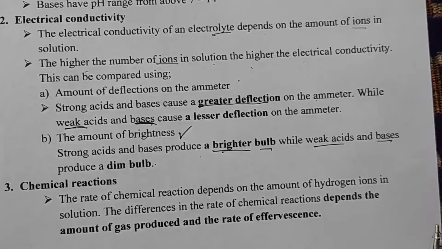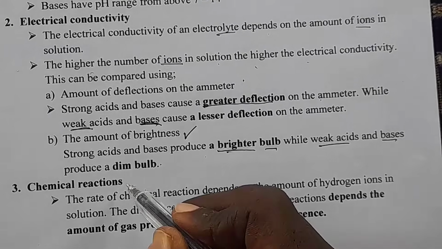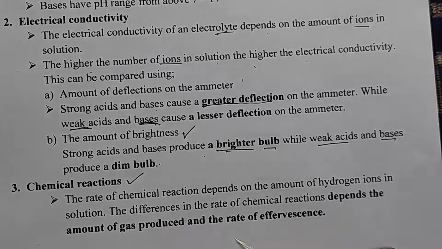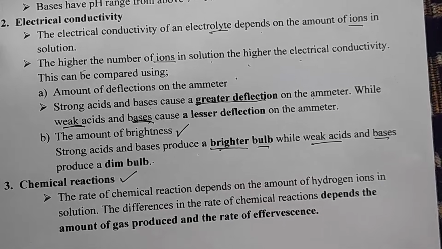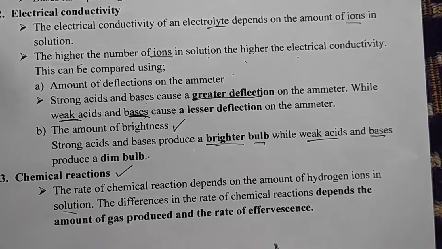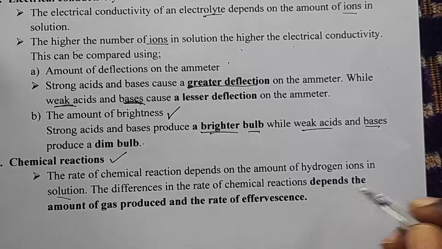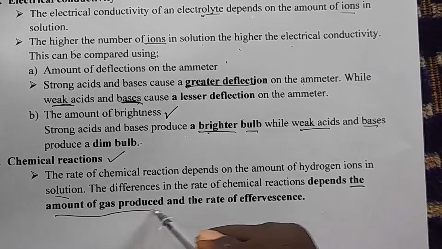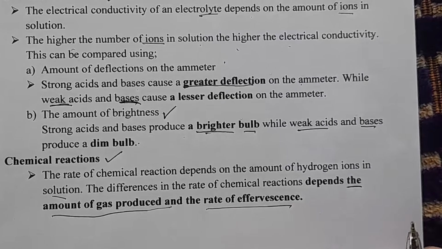Next, let's go to the third. We can compare the strength of acids based on their chemical reactions. This one is mainly for acids. The rate of reactions depends on the amount of hydrogen ions in solution. These differences in the rate of chemical reactions depend on, first, the amount of gas produced, and second, the rate of effervescence.